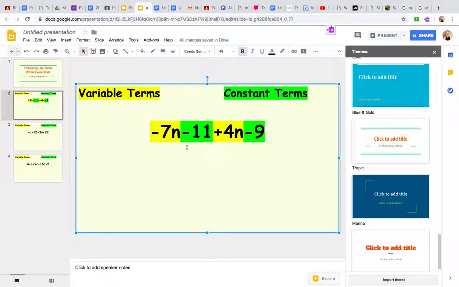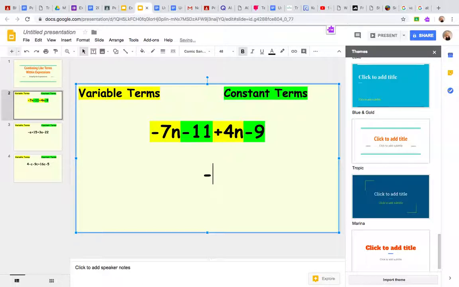The other thing that we need to remember is that whenever you're adding and subtracting integers, you look at the absolute value of the number. So that tells us how many places away from 0 the number is on the number line. So I can see that 7 has a higher absolute value than 4, so I am going to use the symbol that negative 7 has in my solution.